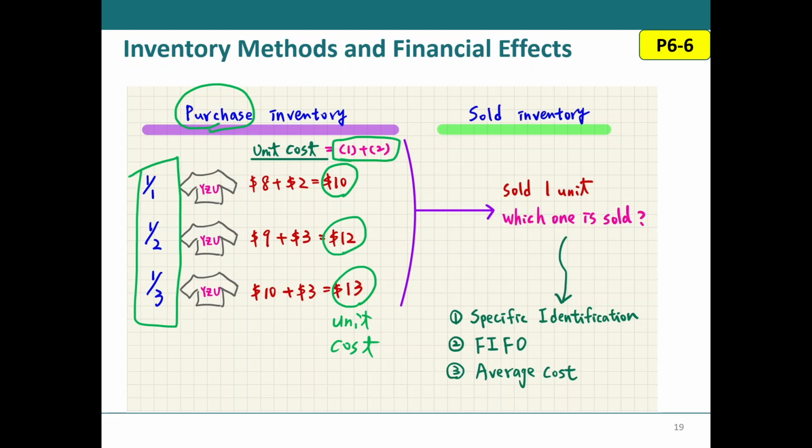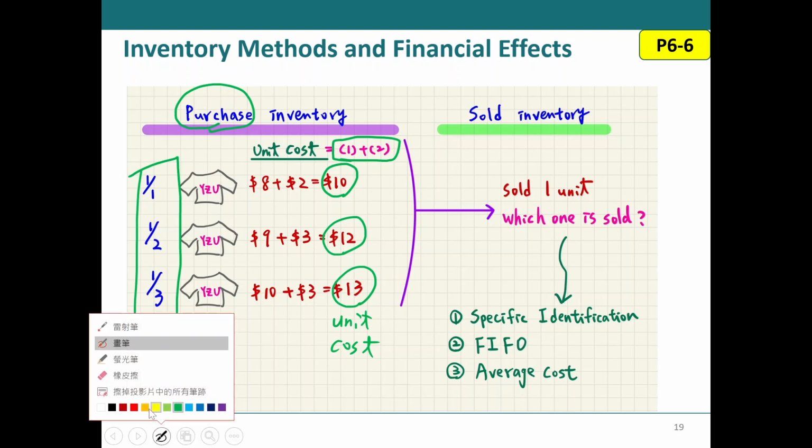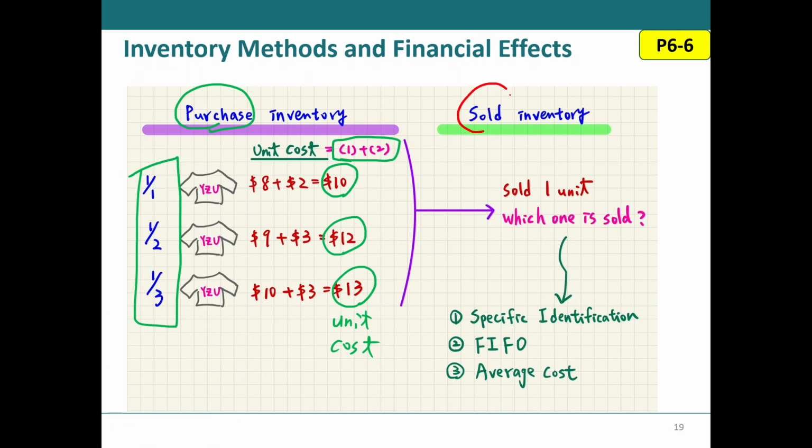So could you tell me which date, which unit? For most cases, you don't know. So the problem today we want to talk about is when we sell 1 unit of inventory, in most cases, we don't know which unit was sold.